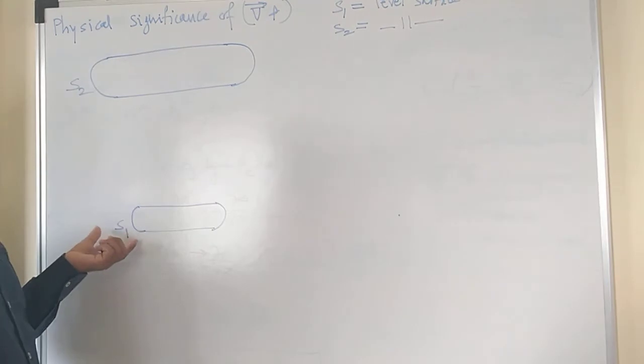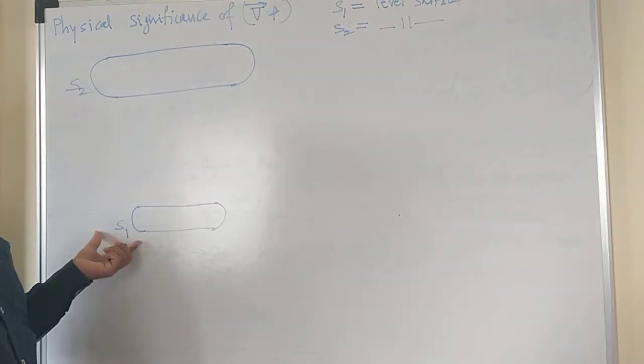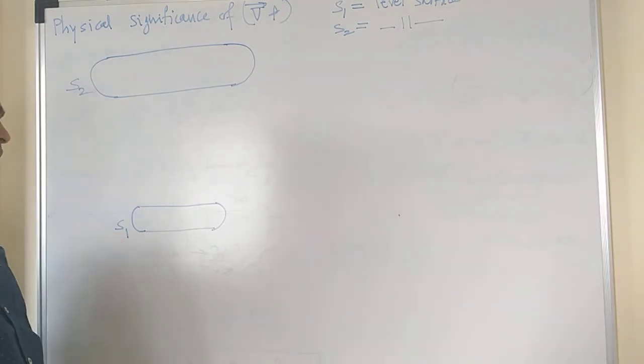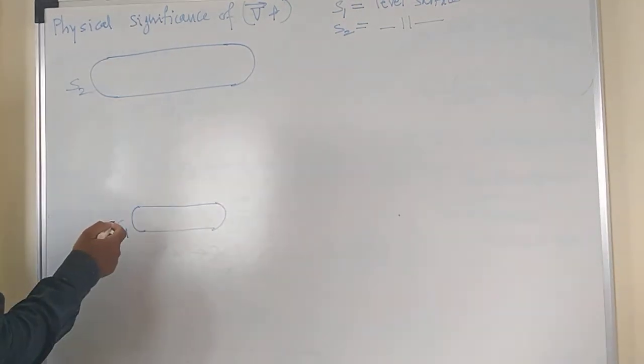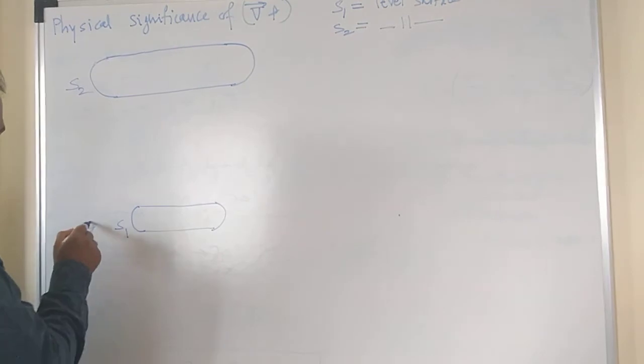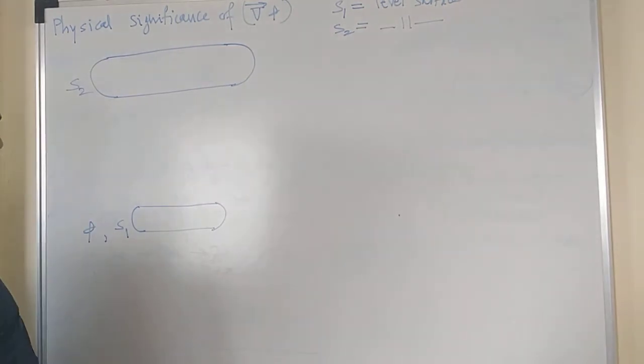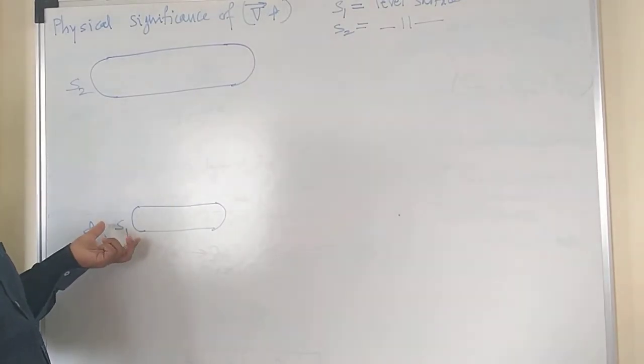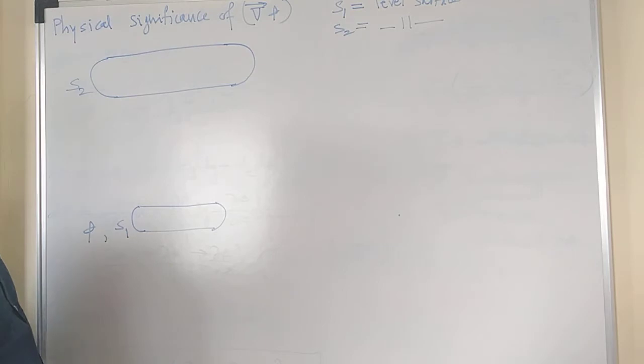Now the two level surfaces are explained with the help of a scalar point function, and let us say phi is a scalar point function which represents the level surface S1.